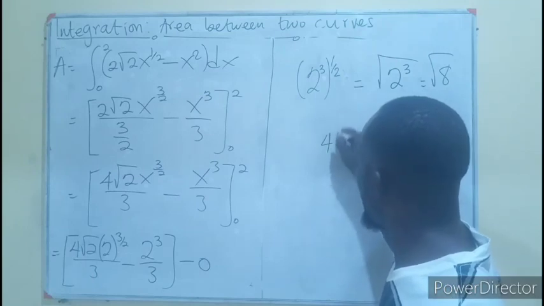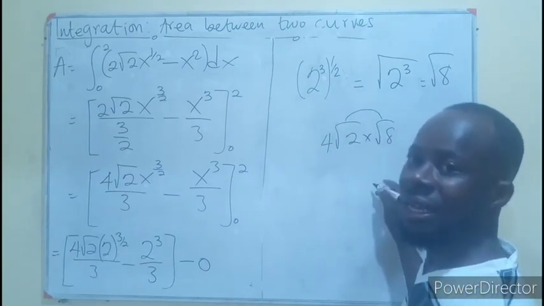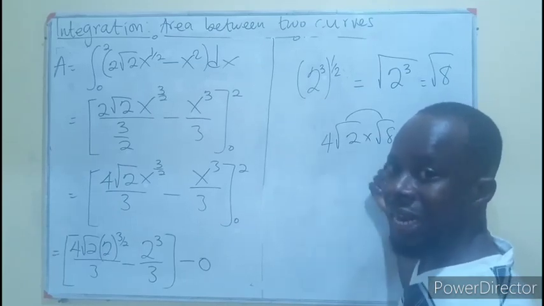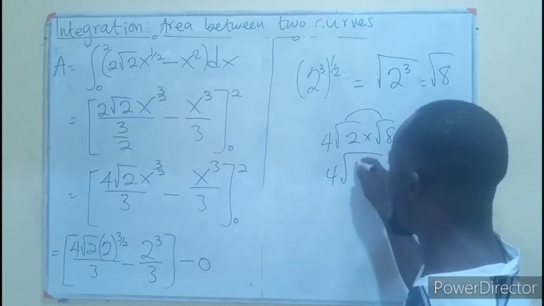So 4 root 2 times root 8. The roots will multiply, that is, the radicands under the root will multiply.